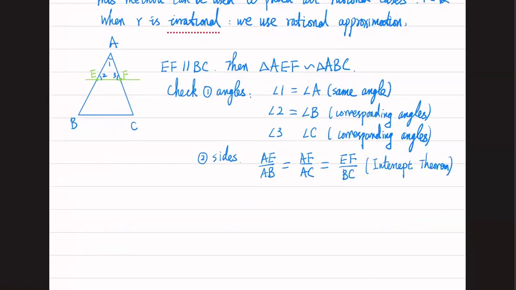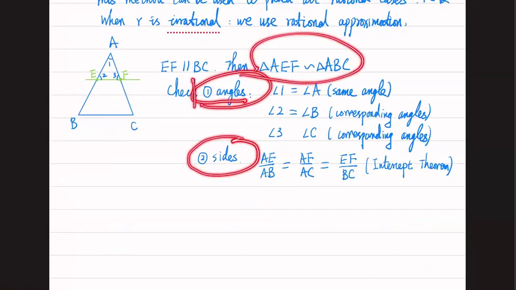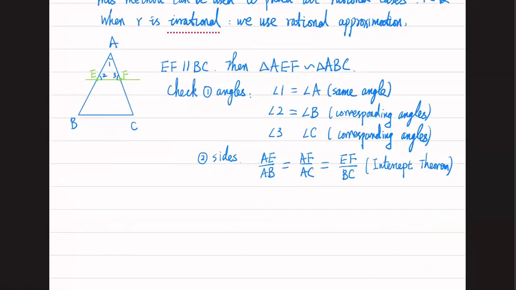Now we have verified both the angle condition and the side condition for similar triangles. Therefore, the two triangles are similar.